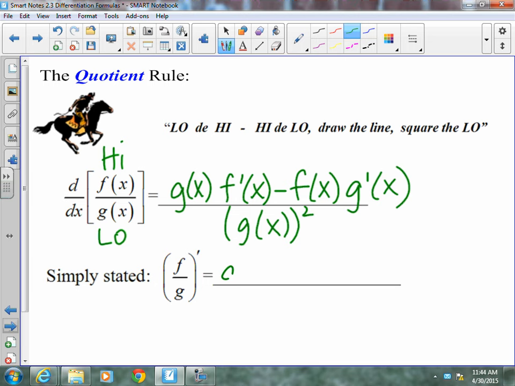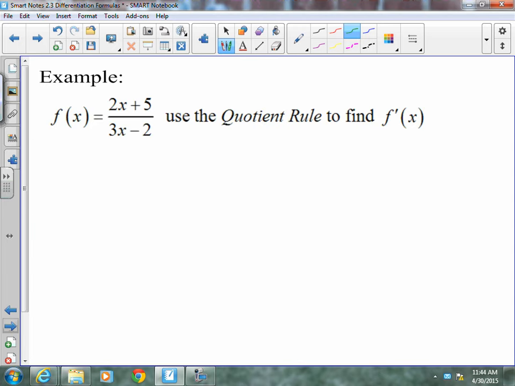Or shorter yet, as an abbreviated description of that rule. Let's try one.